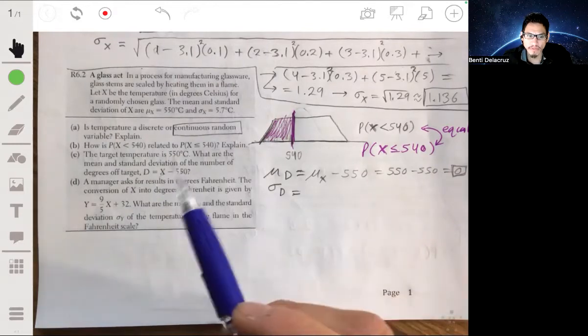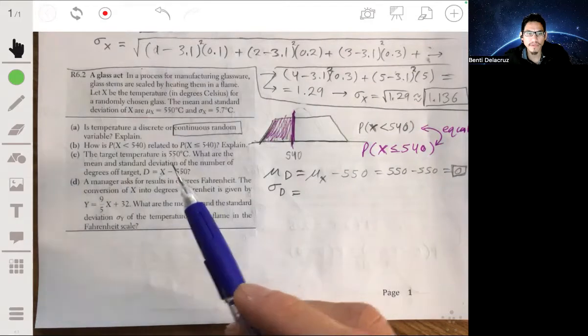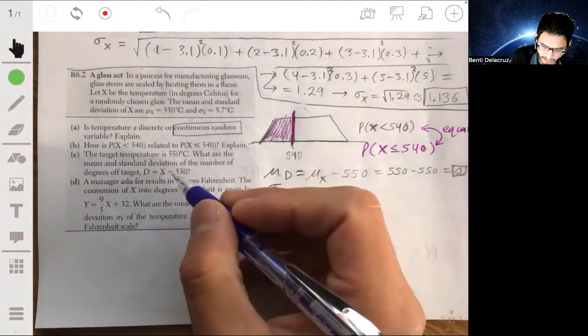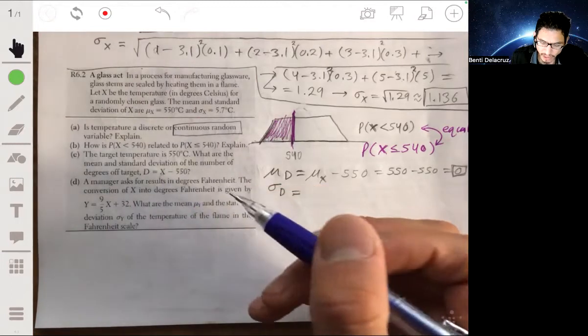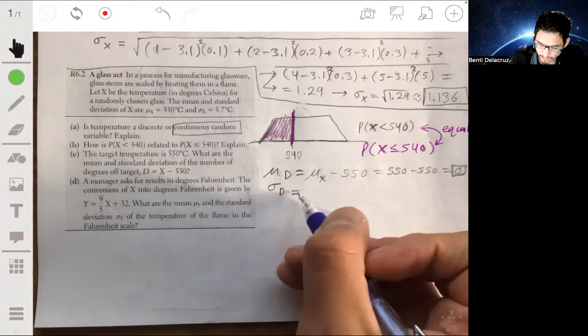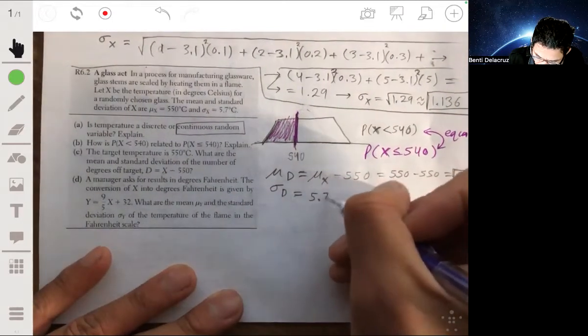If we're talking about the standard deviation of the difference, we're talking about a number that describes the spread of a distribution. When you change a variable by adding or subtracting some number, you're not going to change the spread. So the standard deviation is going to stay the same. The standard deviation is going to be 5.7 still.